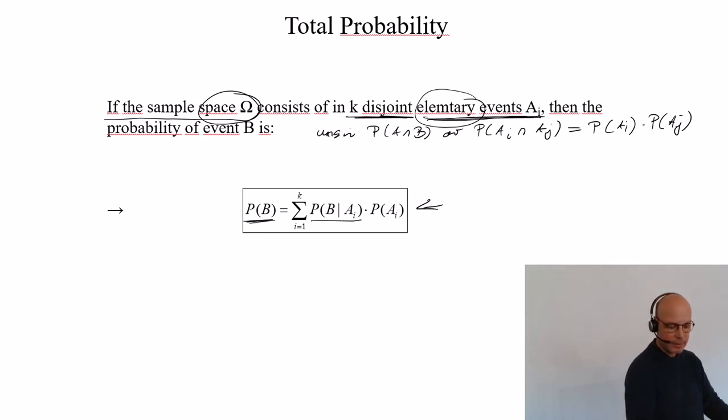So this is the so-called total probability.